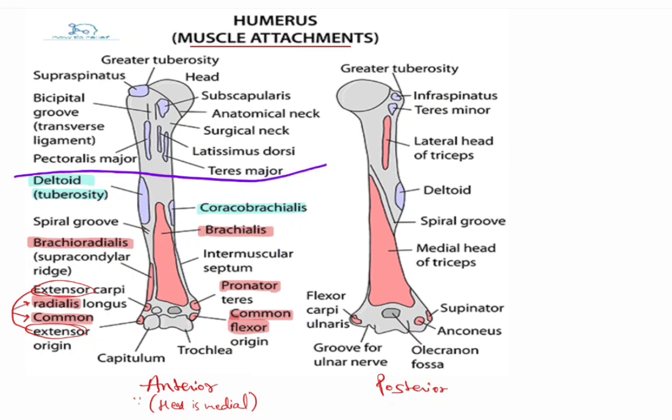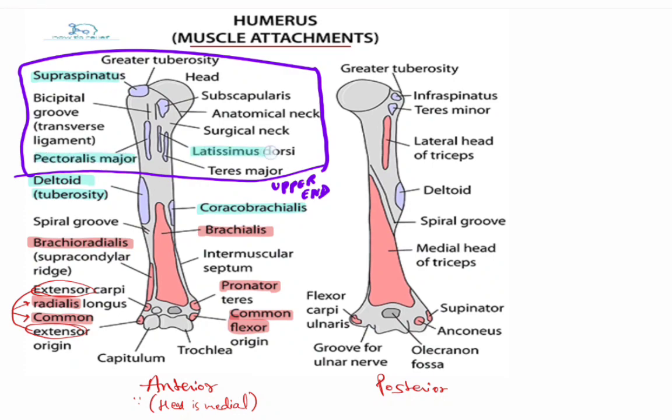So understanding, now as you can see here, we have supraspinatus muscle, subscapularis, latissimus dorsi, teres major, pectoralis major. So we have 5 muscles on the anterior part of the upper end.